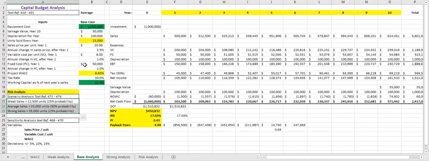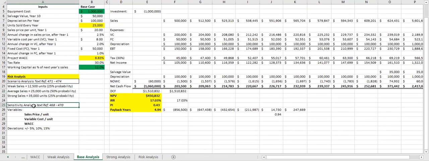Now the other analysis is taking the base case, which we've already worked on, and changing key variables. Here it is right here. The sensitivity analysis, where we change 3 key variables. Those variables are selected by either the company, your auditors, or the bank, and how do these key variables affect the NPV?